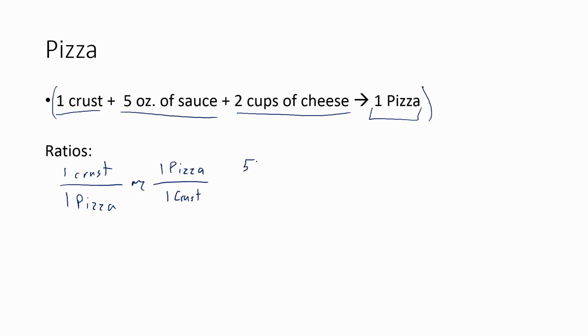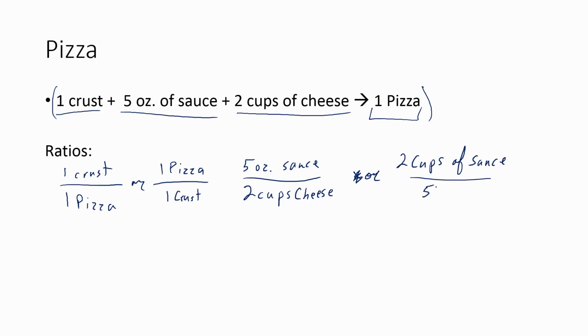I can also say that there's 5 ounces of sauce for every 2 cups of cheese. I can write that the other way if I need to cancel out something else. I can say there's 2 cups of cheese for every 5 ounces of sauce.